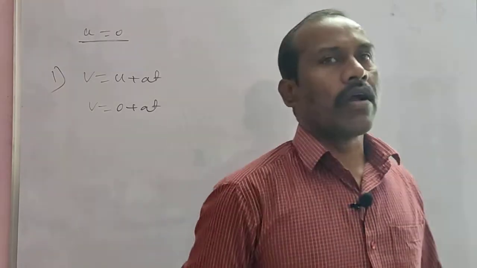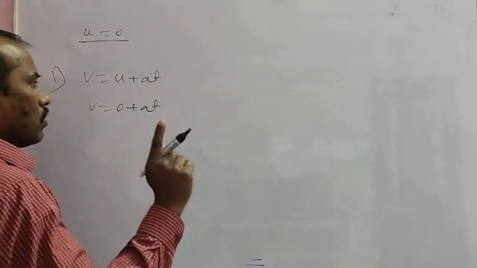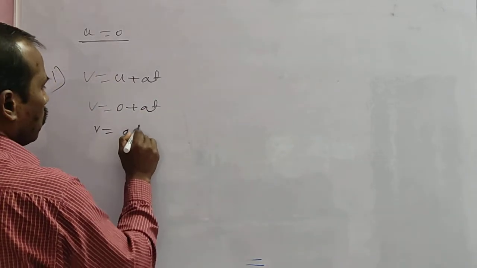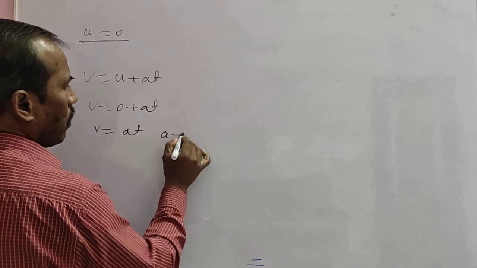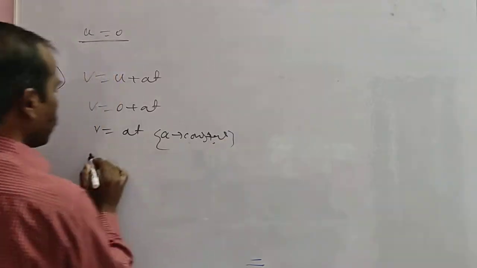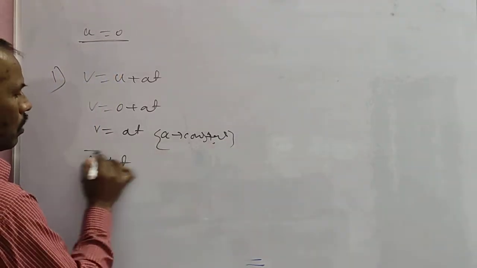So v = at, and a is constant, which means the velocity is directly proportional to time.